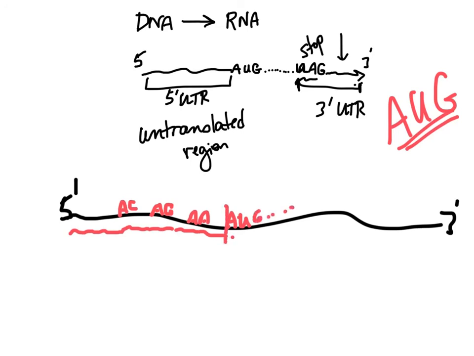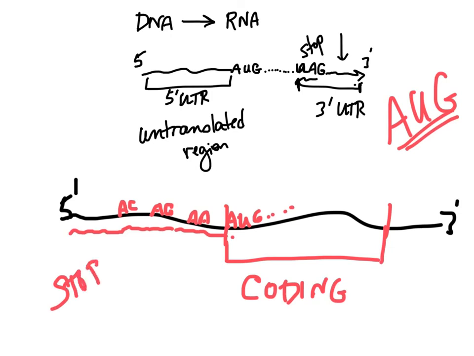From here, you say, okay, here's my coding sequence. And that coding sequence goes until you reach a stop codon. There are 3 stop codons: UAG, UAA, and UGA.